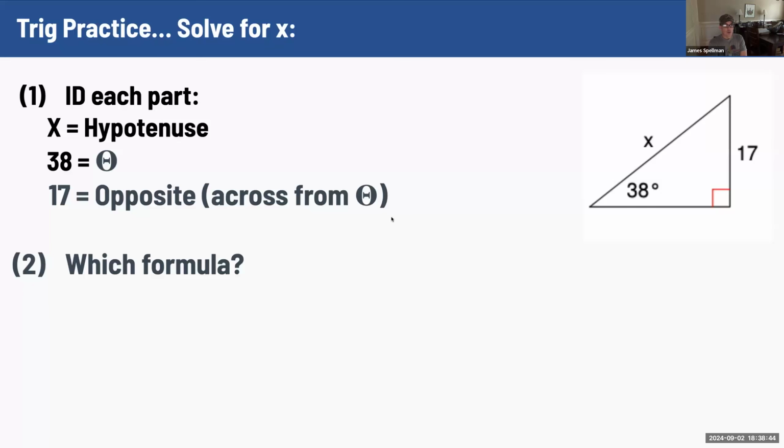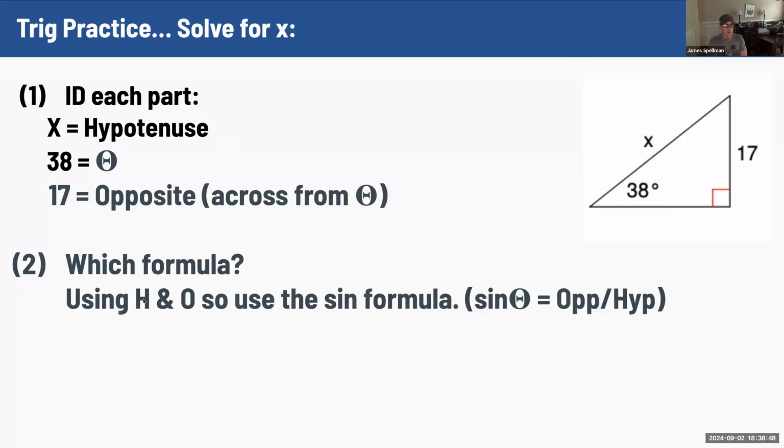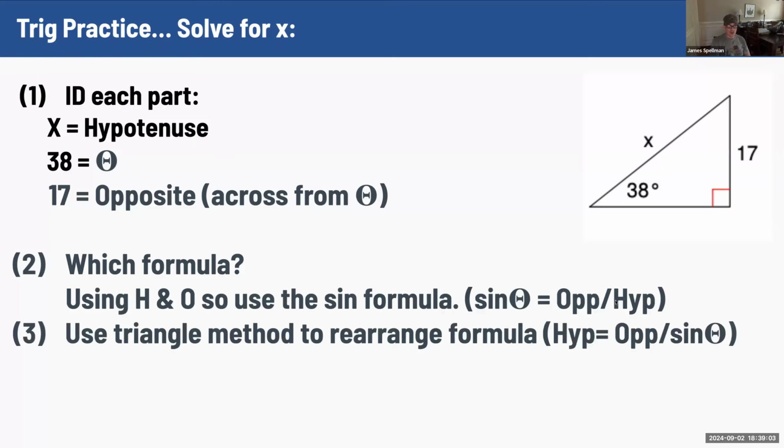So then I had to think, which formula do I need to use? Well, I've got a hypotenuse and an opposite. If I've got the H and the O, then I need to use the sine formula because the sine formula is the one that has the H and the O. So I've got sine of theta is opposite over hypotenuse. Now, again, I'm trying to solve for the hypotenuse. So if you go back and use your triangle and show how to rearrange it, you should rearrange it so the hypotenuse is the opposite over the sine of theta.